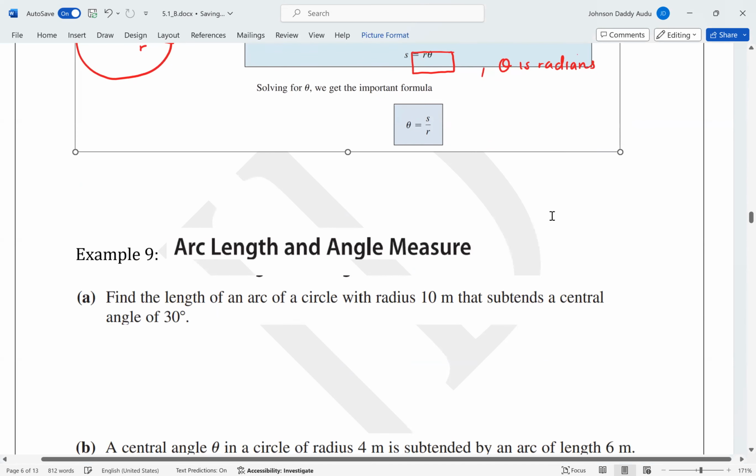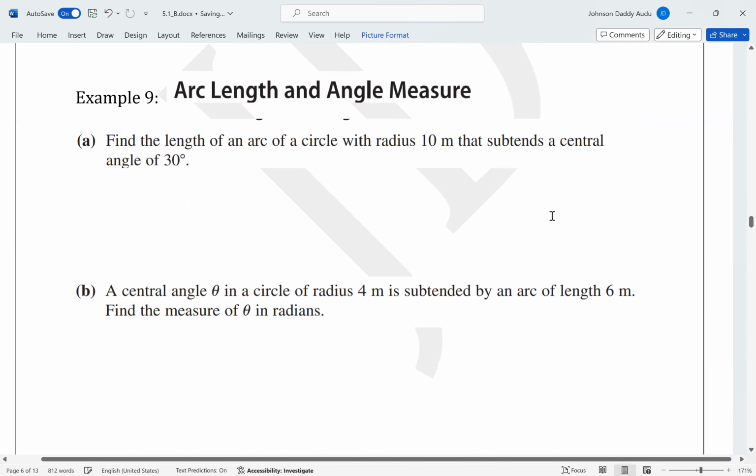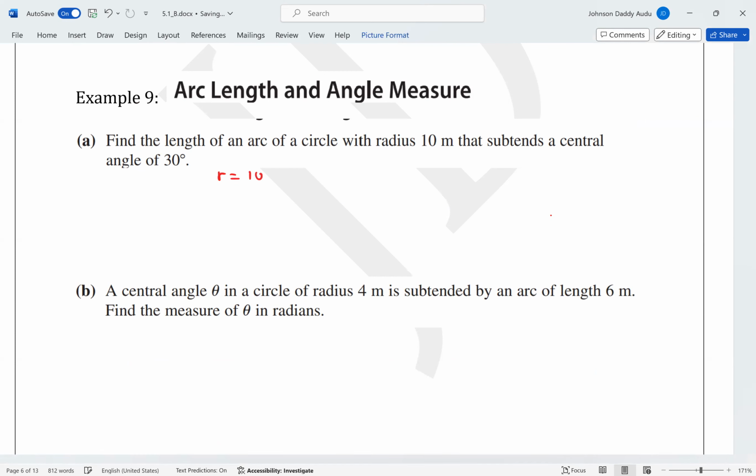So let's see a few examples here. It says find the length of an arc with radius 10 meters. So the radius is 10 meters and the angle is 30 degrees, which is nothing but pi over 6 rad. So S is going to be r theta. This is just 10 times pi over 6, and this is going to be 5 pi over 3.